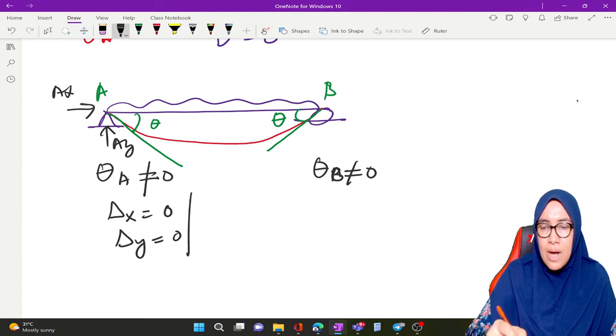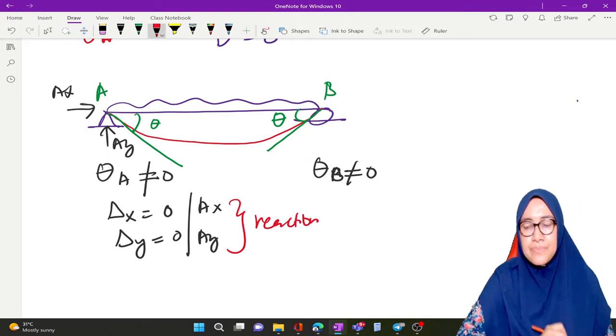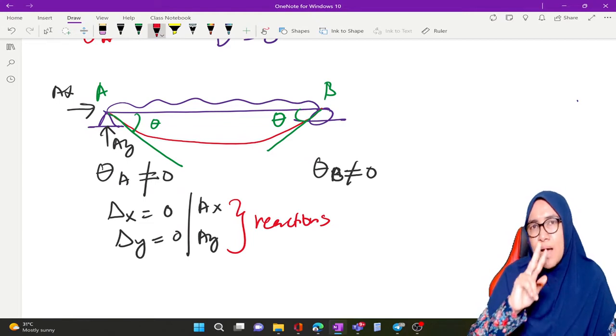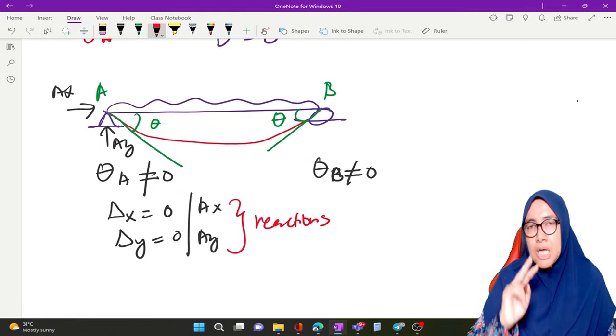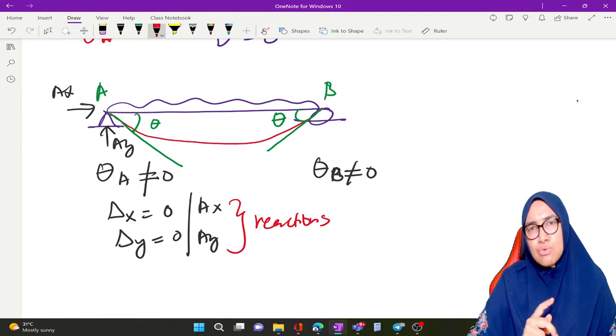That is why AX and AY are called reactions at A. These are unknown reactions: 2 unknown reactions for pin support.